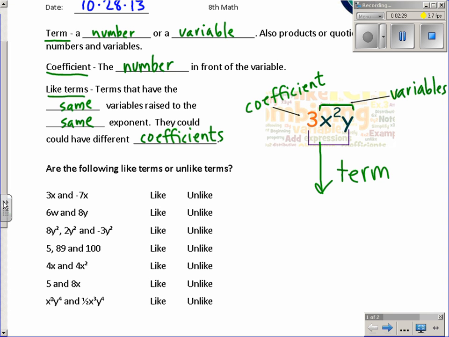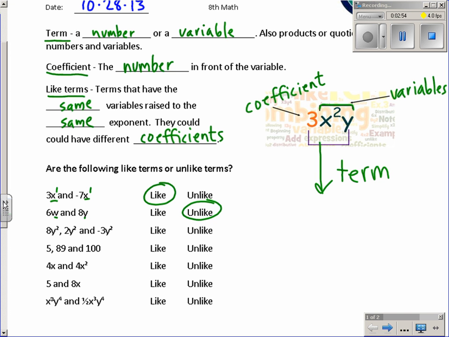All right, so now we can look at these examples and say, are the following like terms or unlike? So here we have 3x and negative 7x. So we do have the same variable, and that variable does have the same exponent of 1, so those would be considered like terms. Next example, 6w and 8y. We have different variables, so those cannot be like.